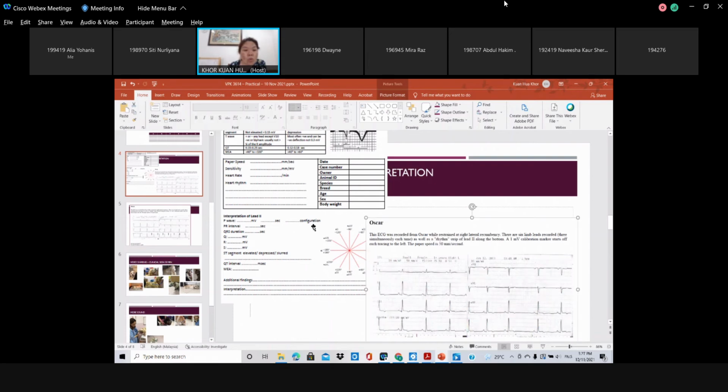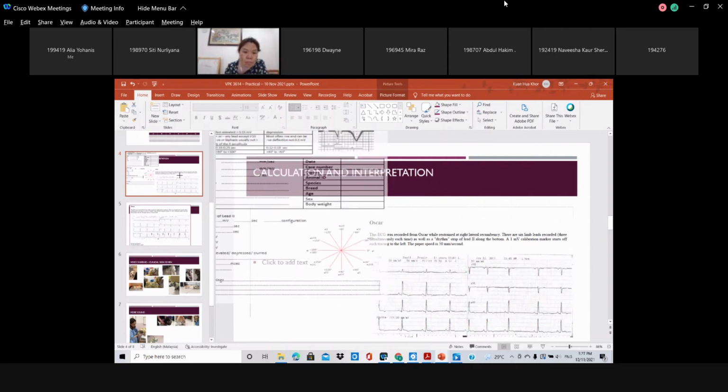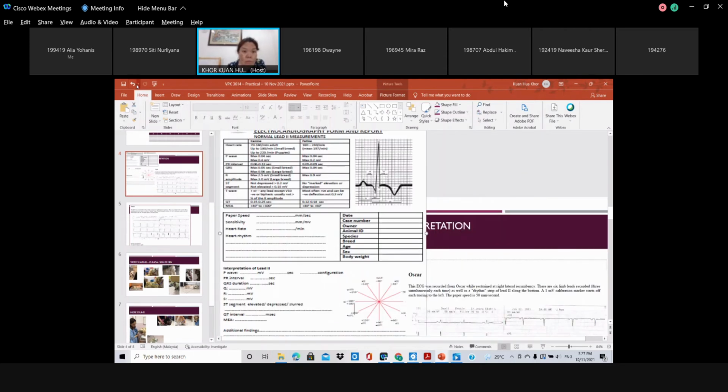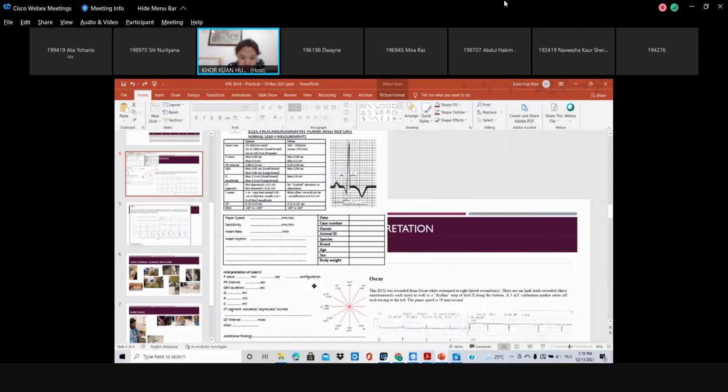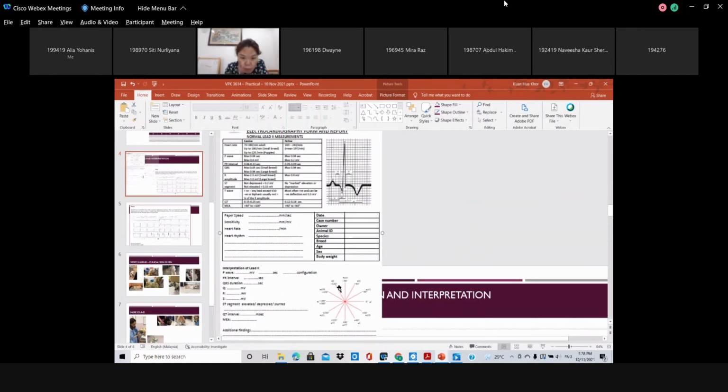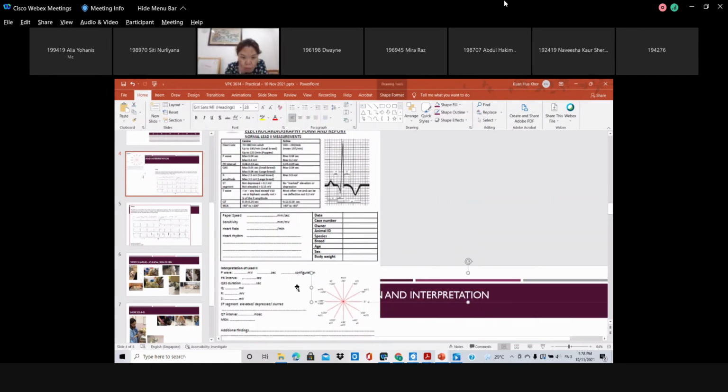Who wants to show their diagram, mean electrical axis? What answer did you get? Let's do this. What answer did you all get? Nobody wants to answer me.